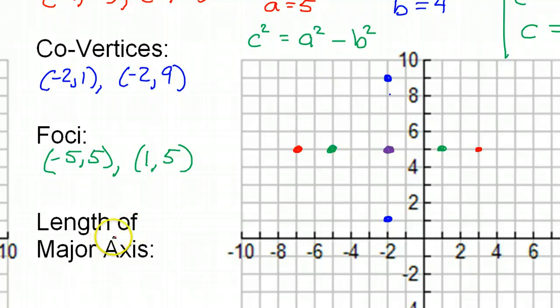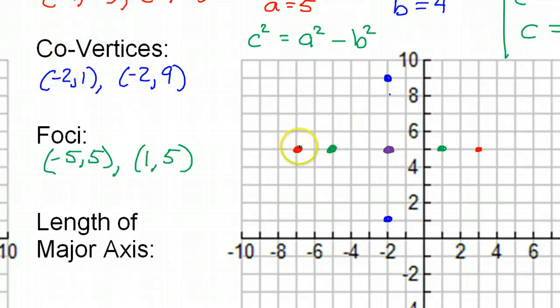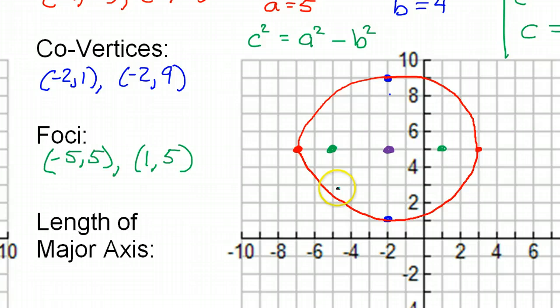Now, the length of the major axis. Let's go ahead and draw the ellipse. So, the ellipse is going to be something like this. It's not great, but what are you going to do?